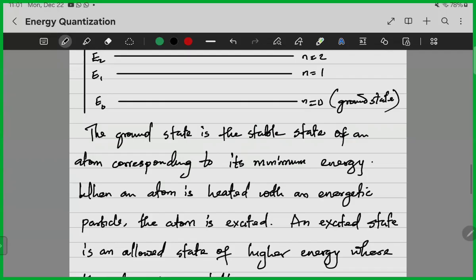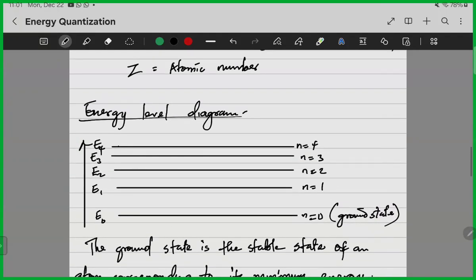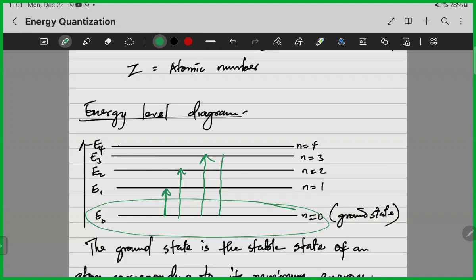So in this diagram, the most stable state is the ground state, this place. Once the atom absorbs energy, it can rise to this state, or this state, or this state. It can rise to any state from anywhere.